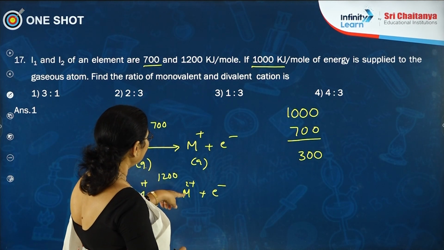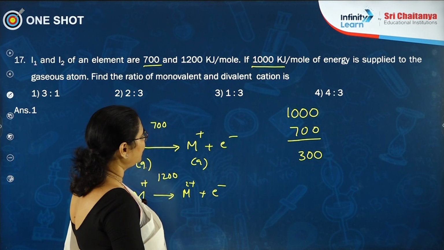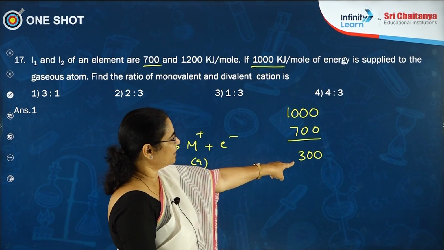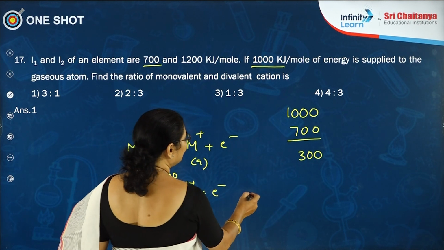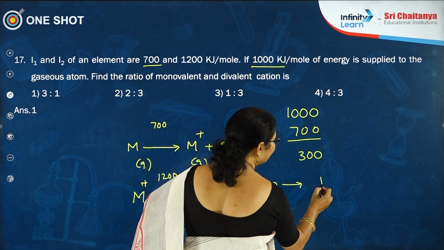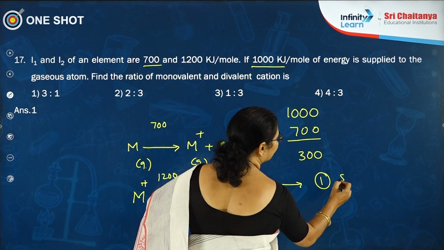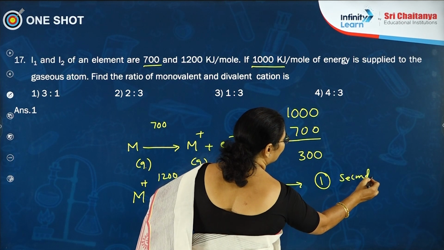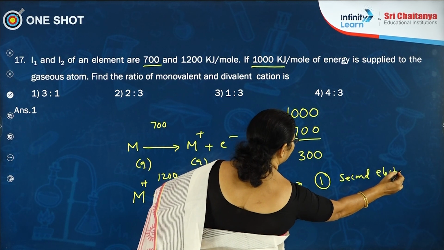From M plus to take out one more electron we require 1200. But how much energy is it having? Only 300. For 1200 kilojoules we can remove one second electron.